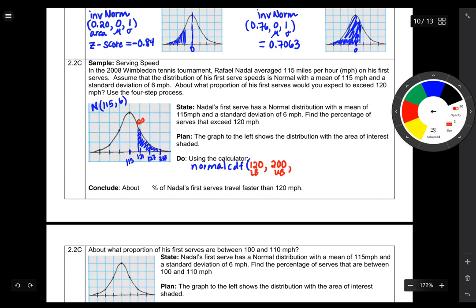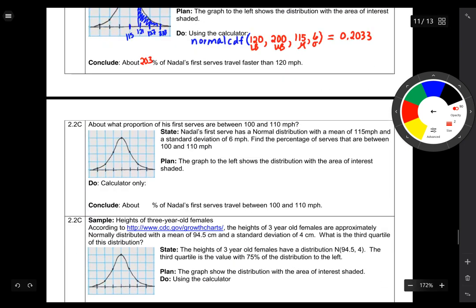Our mean is 115 because this is a normal distribution, not a standard normal. And our standard deviation is 6. And put those values in your calculator, you get 0.2033. So 20.3% of Nadal's first serves travel faster than 120 miles per hour.